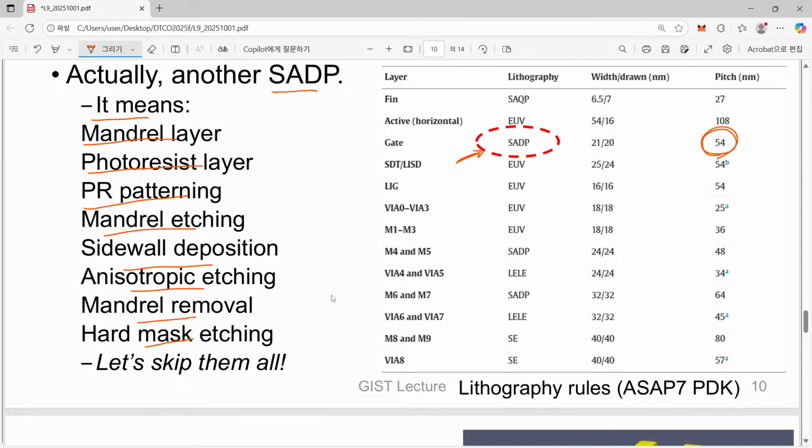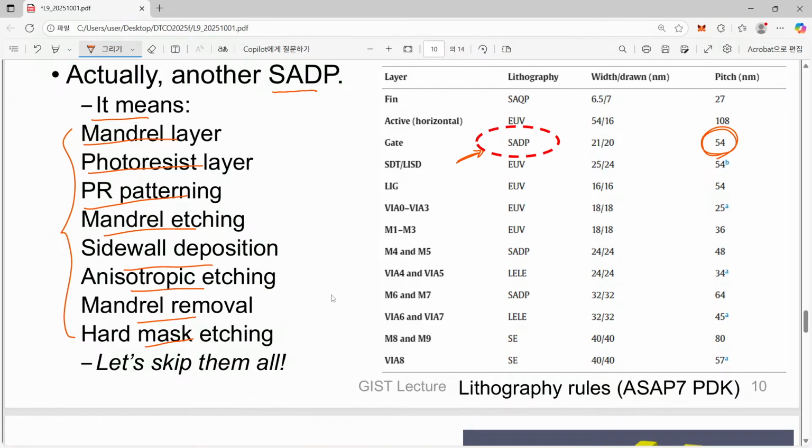So those kinds of things are required. If you cannot imagine the procedure I'm talking about right now, then please review our previous lectures. As an engineer related to this VLSI field, you should be able to imagine what will happen in this structure.